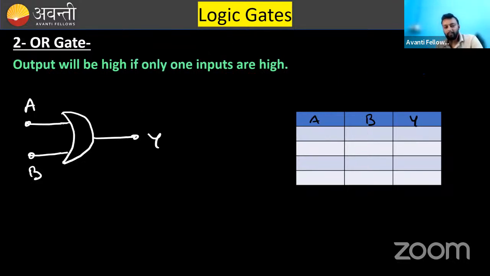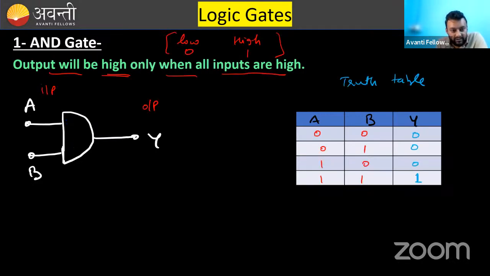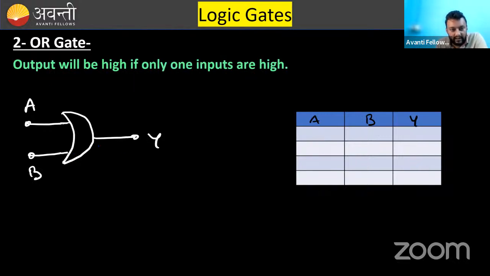Next gate is the OR gate. See the difference in the symbol. In the AND gate, this line is straight, and in the OR gate, this line is curved. Clear? The variation in the OR gate is that output will be high if only one input is high. If out of two inputs any one input is high, then output will be high.